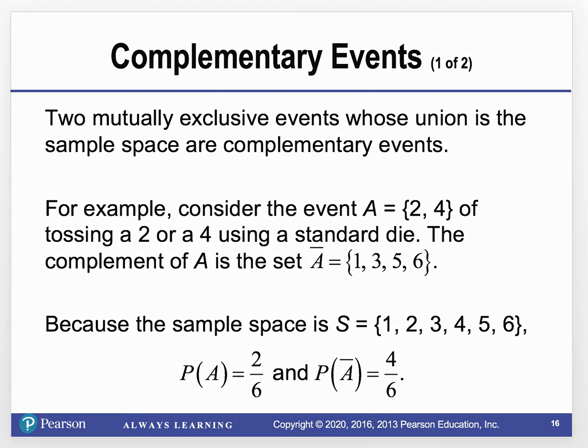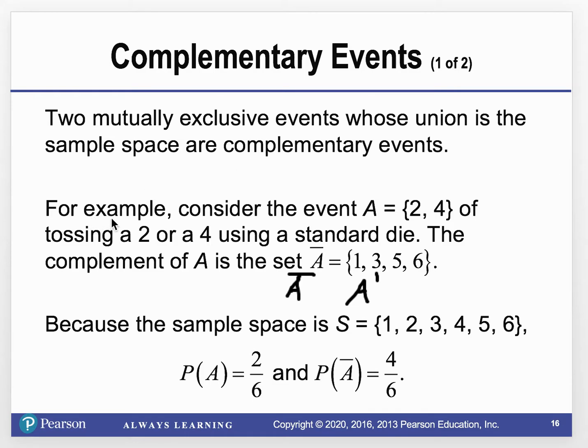Remember, when we talked about sets, we said that this basically means not A. So complementary events are like, if you roll a 6, then the complement of that is everything else. Or even numbers and odd numbers are complements. Together they make up the entire sample space, but they're complete opposites of each other.